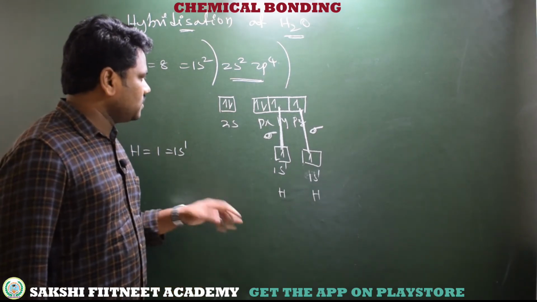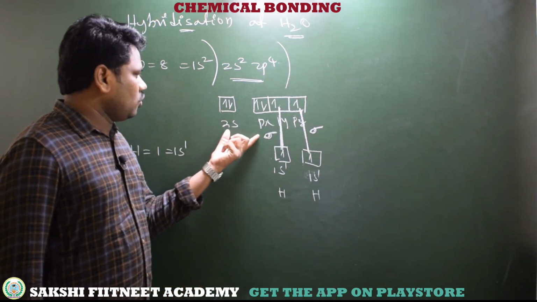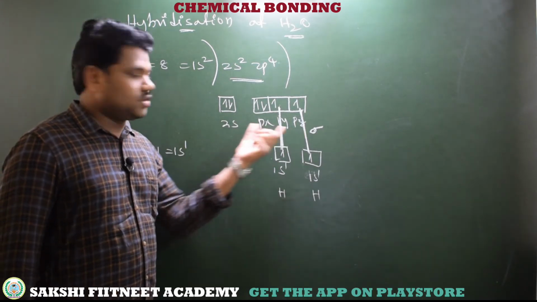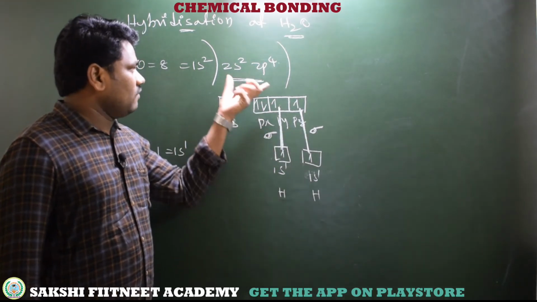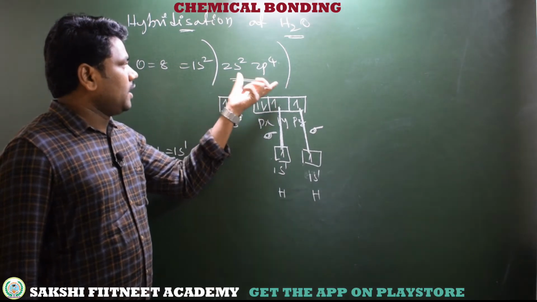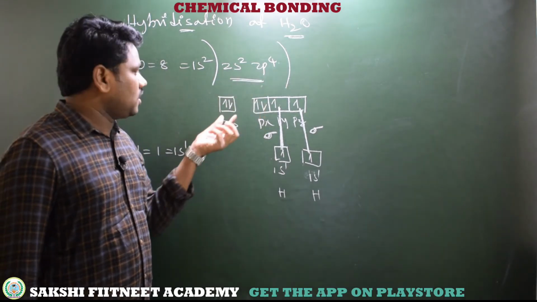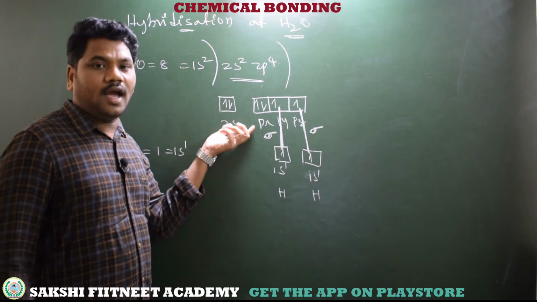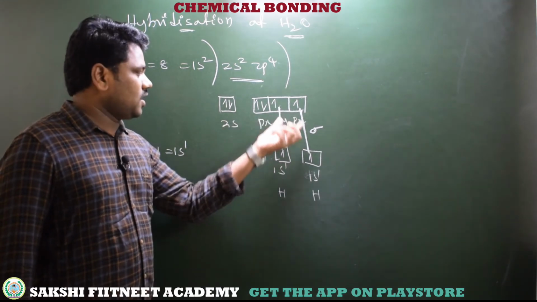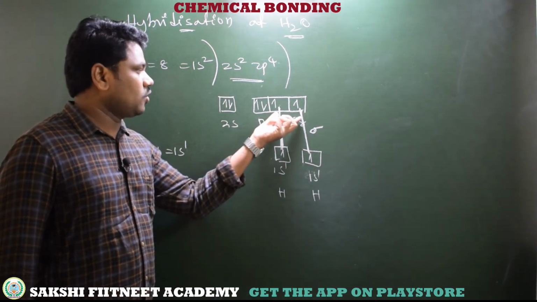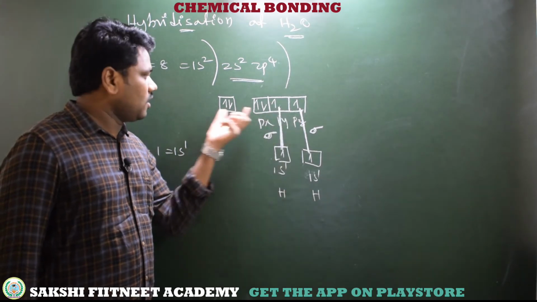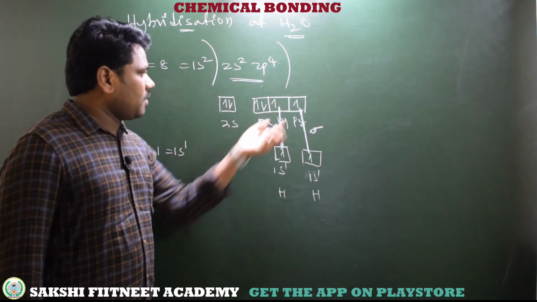After hybridization, we have two lone pairs and two bond pairs in the valence shell. The 2 lone pairs are already hybridized, and now these unpaired orbitals overlap with hydrogen, so they also hybridize. So what is the number of hybridized orbitals?